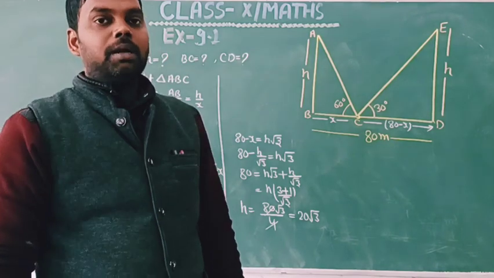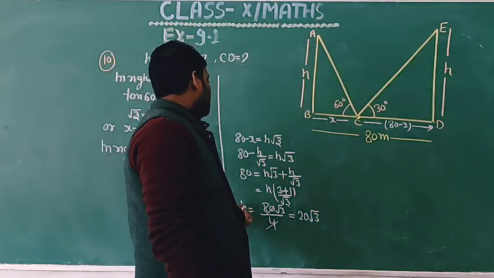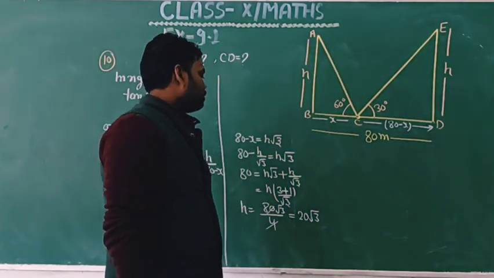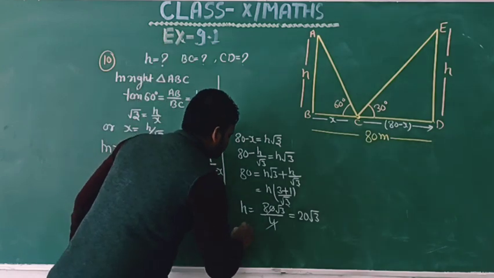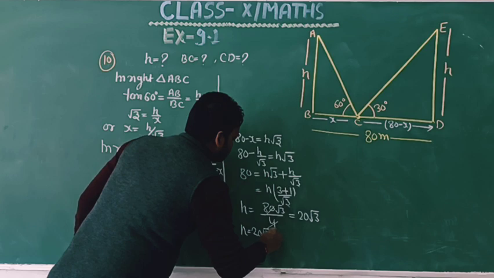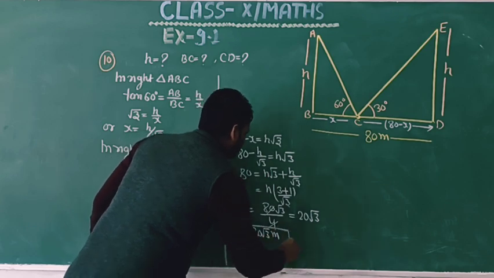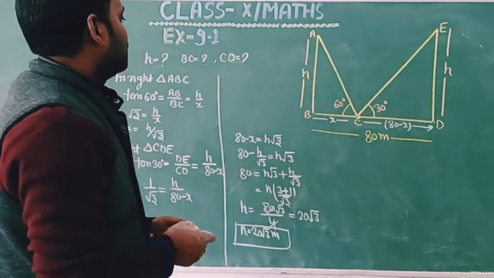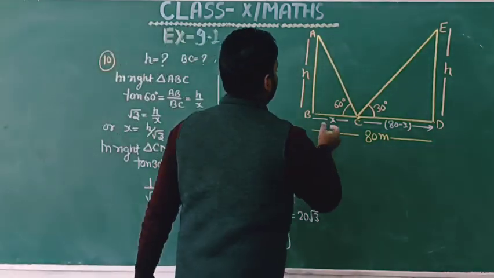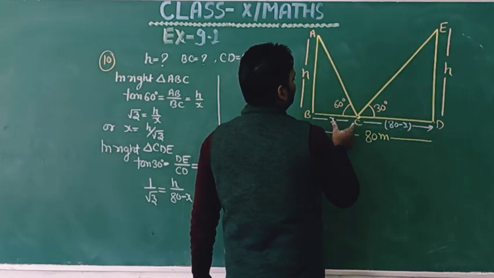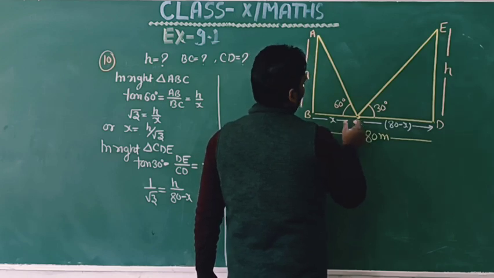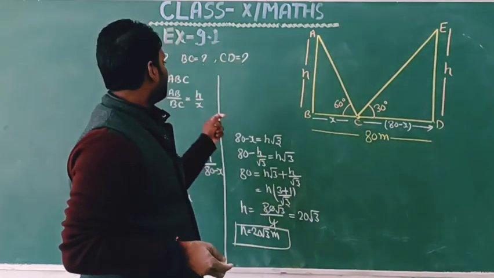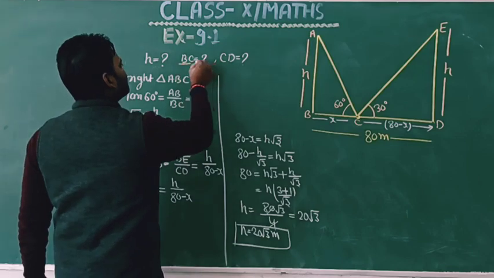We have found the height of the pole, 20 root 3 meter. H equal to 20 root 3 meter. This is the required height of the two poles. And we also need to find the distance of the point from the poles, means BC and CD.